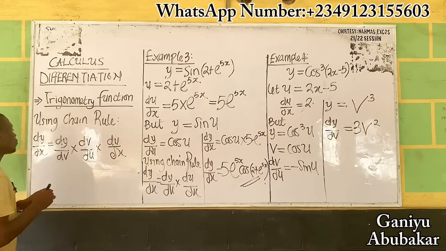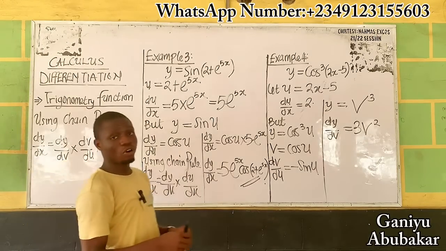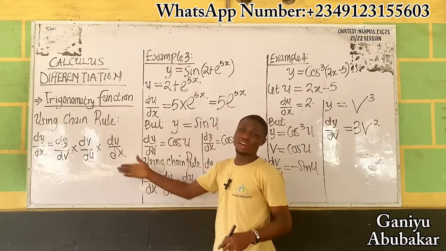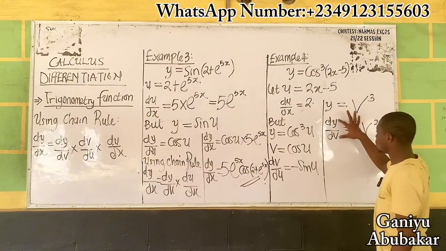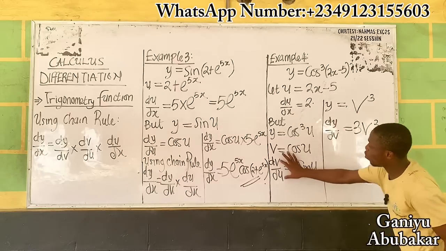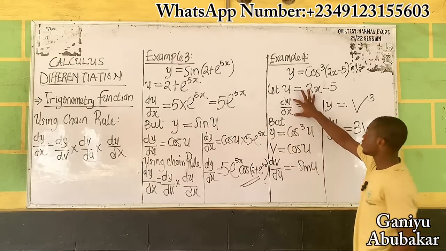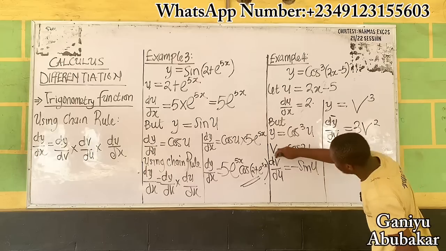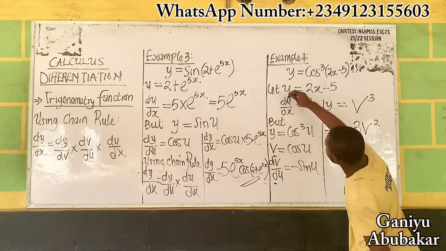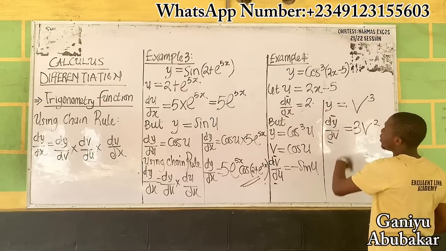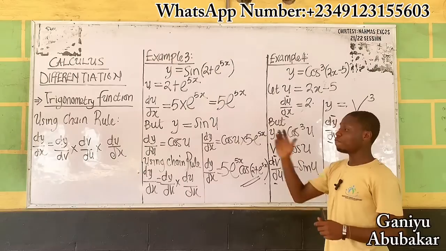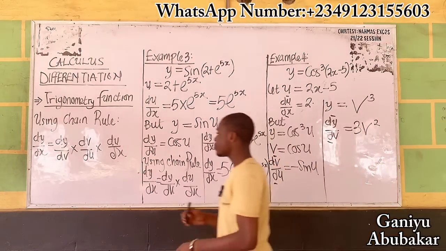This is called function of a function or function of several functions. Don't just cram it. See it here: I pick this one first, this one here, and I pick this one. The three gives you function of a function or function of several functions here.